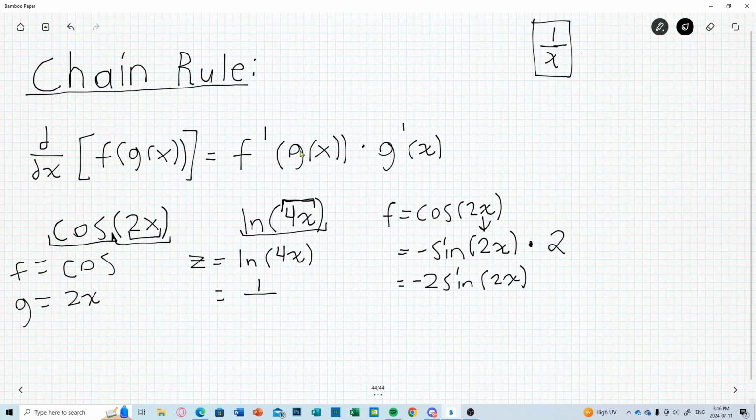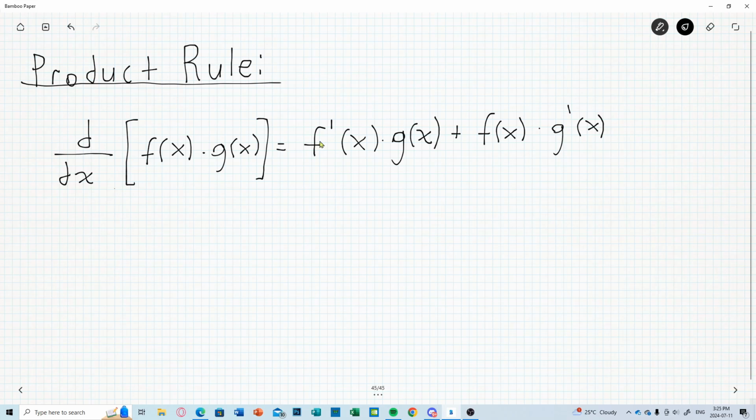But since we're doing the chain rule, our g of x is going to be the denominator of our function. So instead of 1 over x, we're going to have 1 over 4x. And now we're going to multiply it by the derivative of the inside function, which is our 4x, so it will be 4. So we'll get 4 over 4x, which could cancel out, which gives us 1 over x anyway.